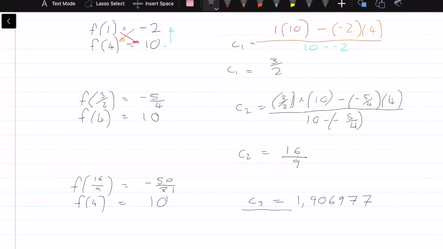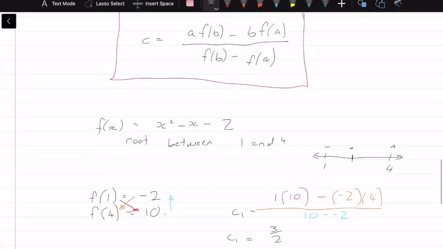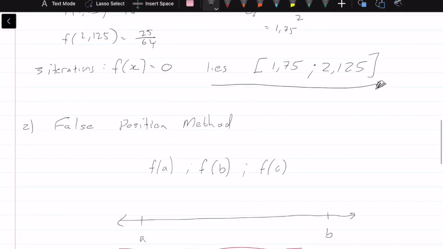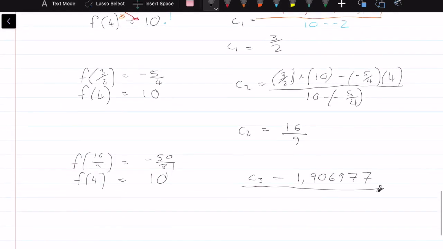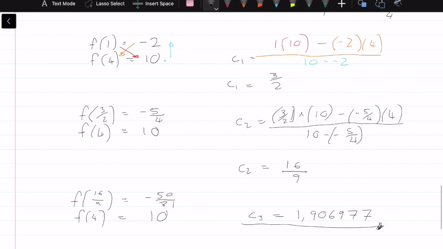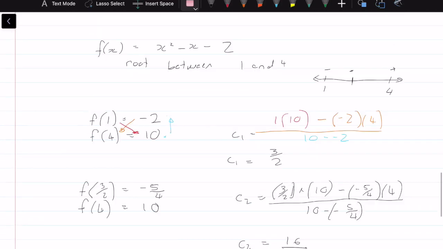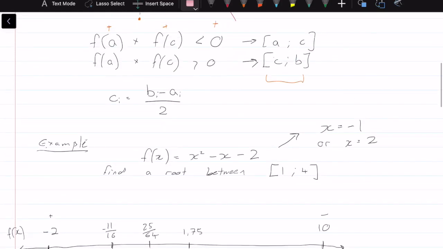If we compare this to the bisection method, it gave us quite a large range compared to the false position method, which tells us it's approximately equal to 2. If we did this question analytically, we would find that x is equal to -1 and x is equal to 2 as the roots.